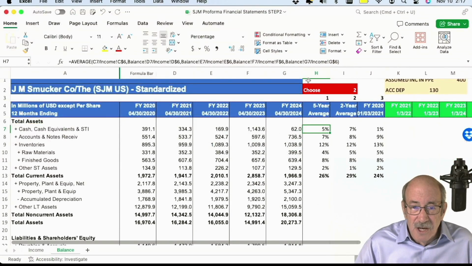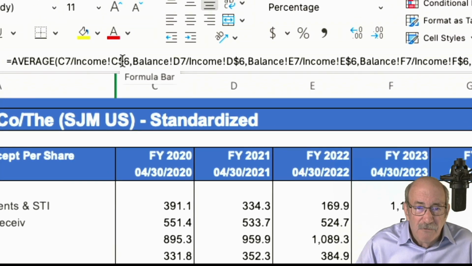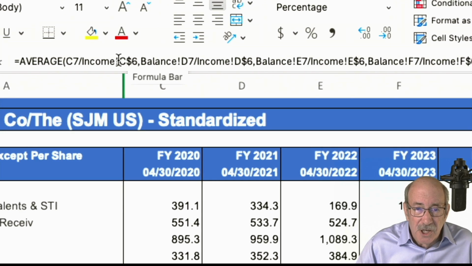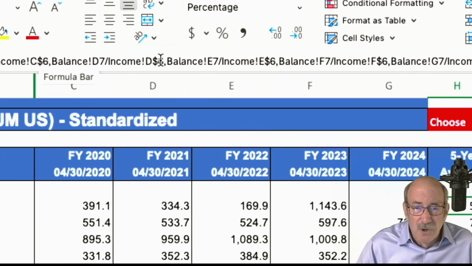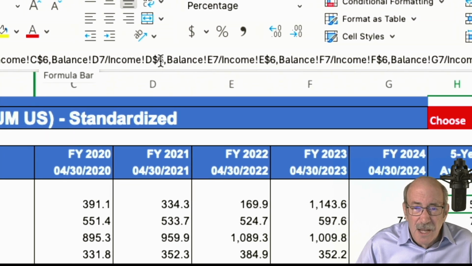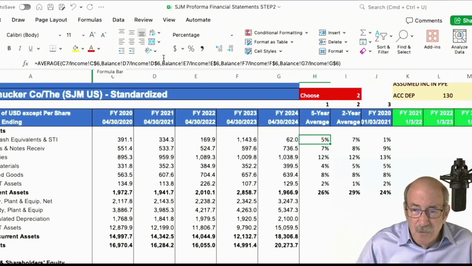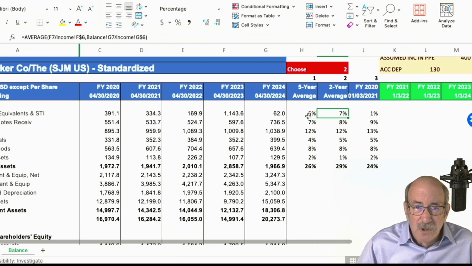You'll also notice that I've locked down the row, but not the column in here. And same thing here, I've locked down the row, but not the column. And what you'll find is that when I copy this over to the right, it will copy properly.